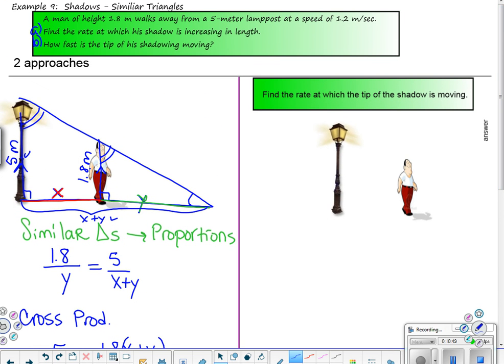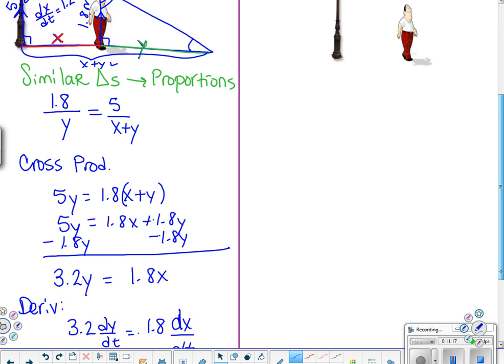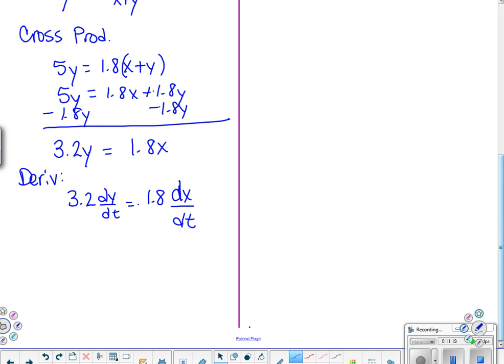A man of height 1.8 meters walks away from a 5-meter lamppost at a speed of 1.2 meters per second. That's the man walking away at a speed. So it's the man that's walking away. His speed of walking is dx/dt from the lamppost, and it's 1.2. He is increasing his distance, so dx/dt should be positive. I would expect his shadow might be lengthening or it might be shortening. That's kind of tricky. Let's wait and see here.